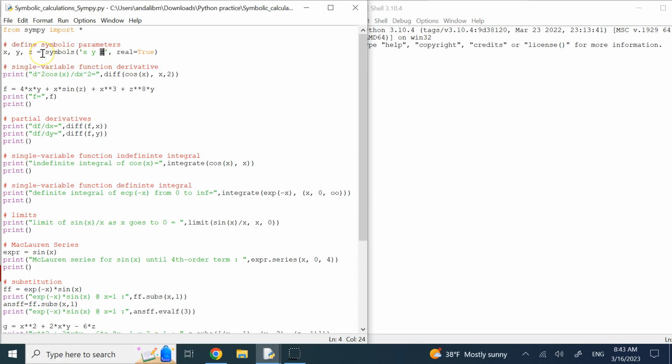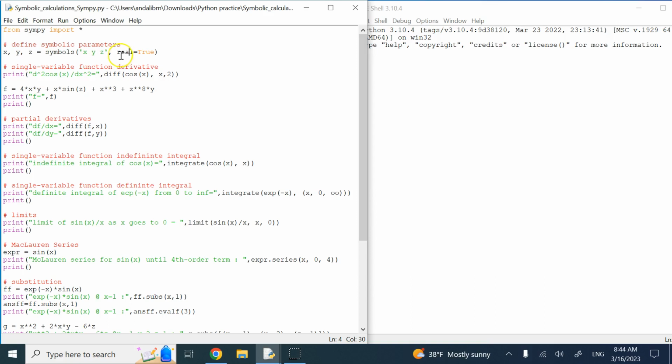If you want, you can do it one by one, but here you can do multiple assignments in a single line. And then the other parameter you have to use is called real true. What is that one? This is what we call an assumption.